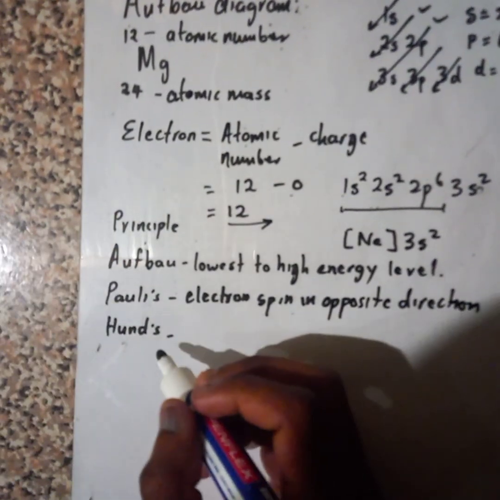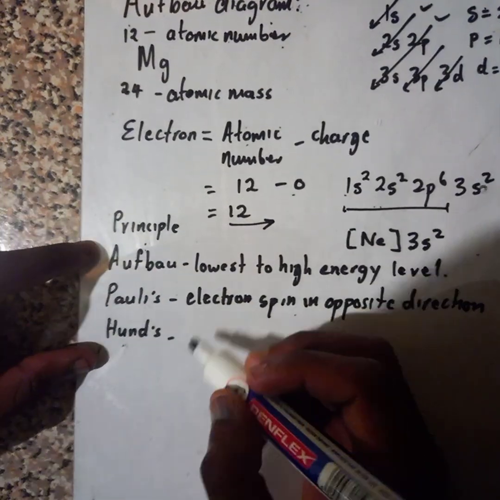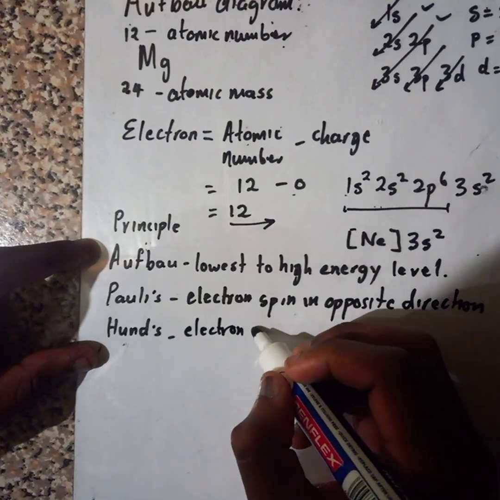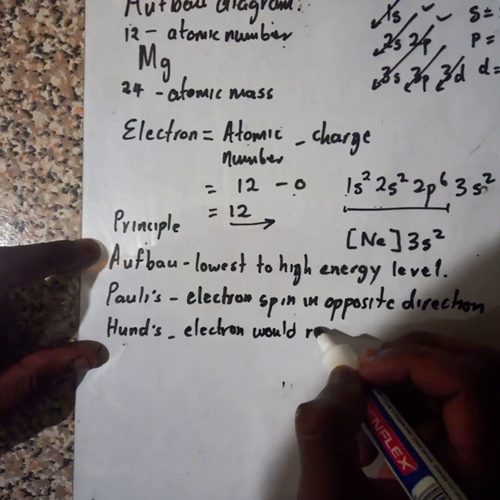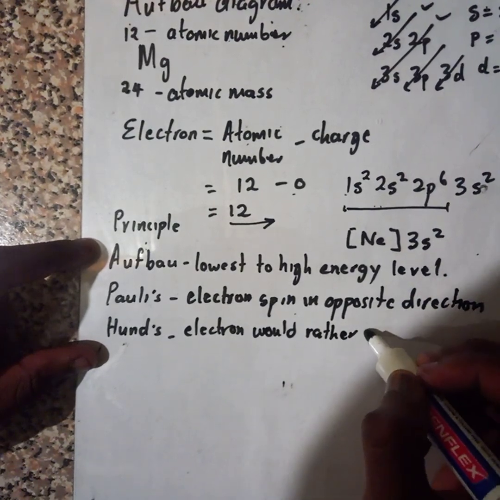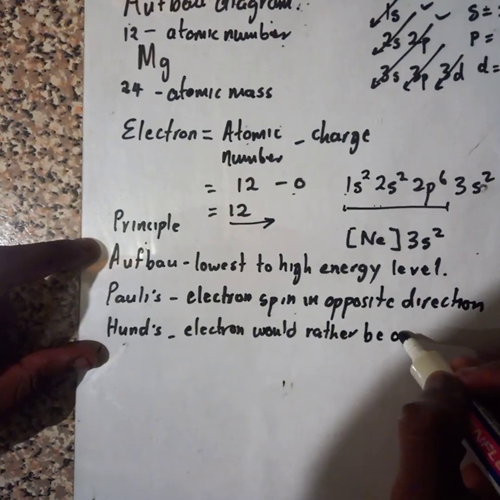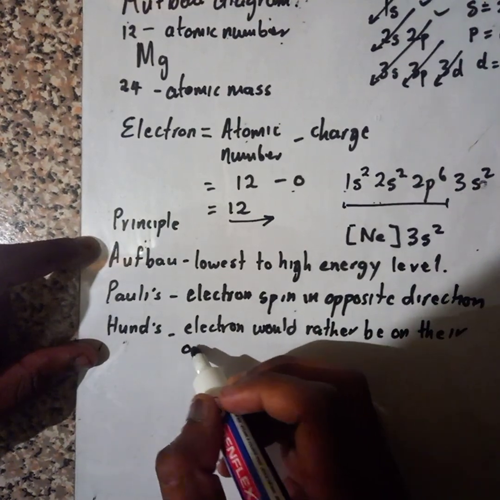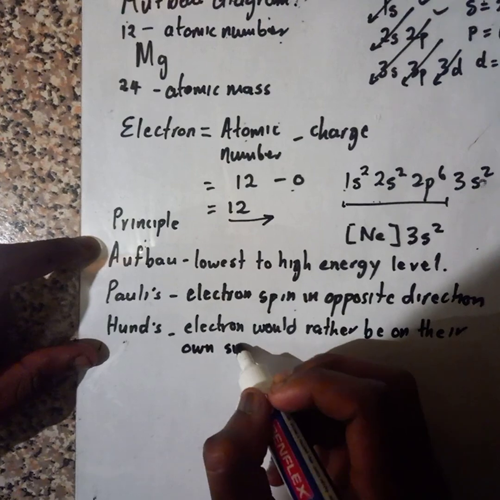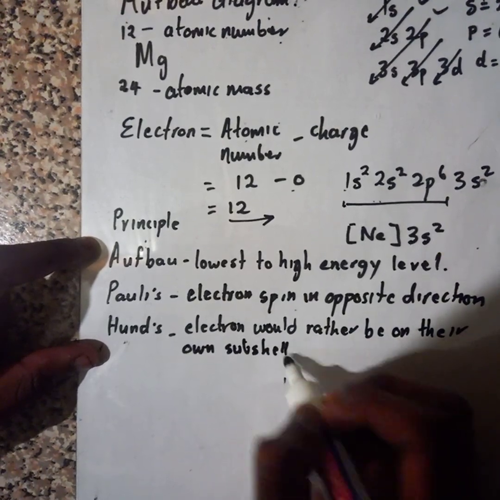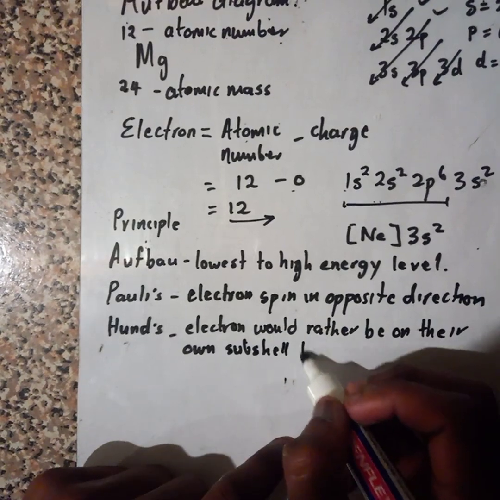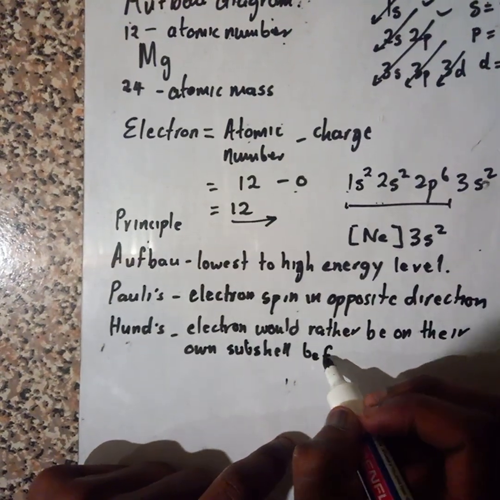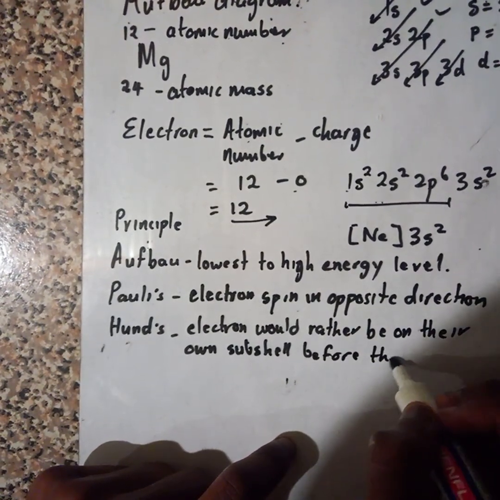Then lastly, Hund's principle. Hund's rule states electrons would rather be on their own in a subshell before they share.